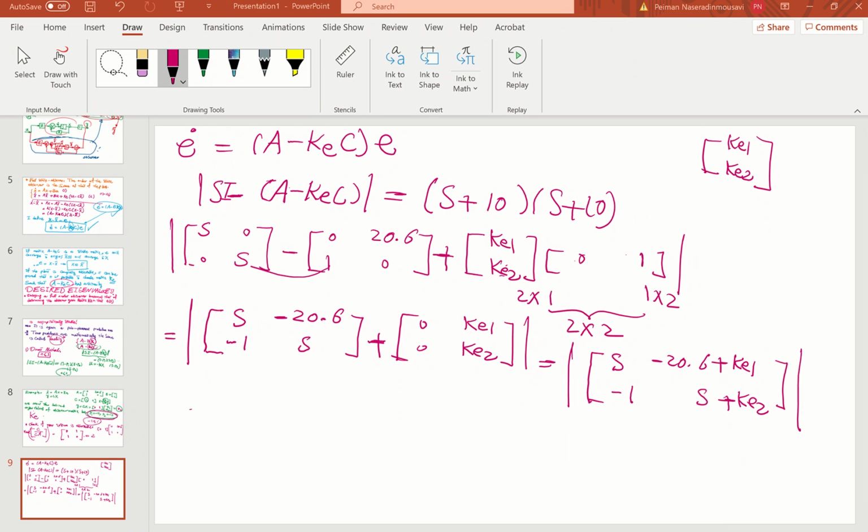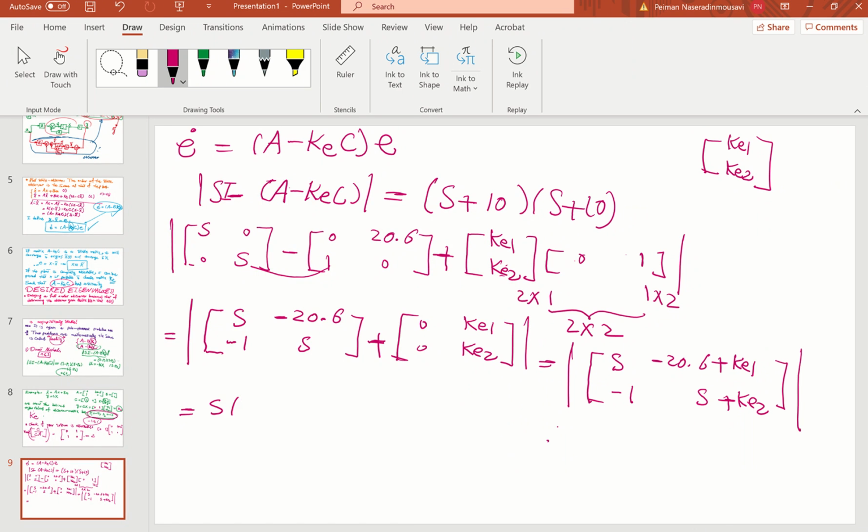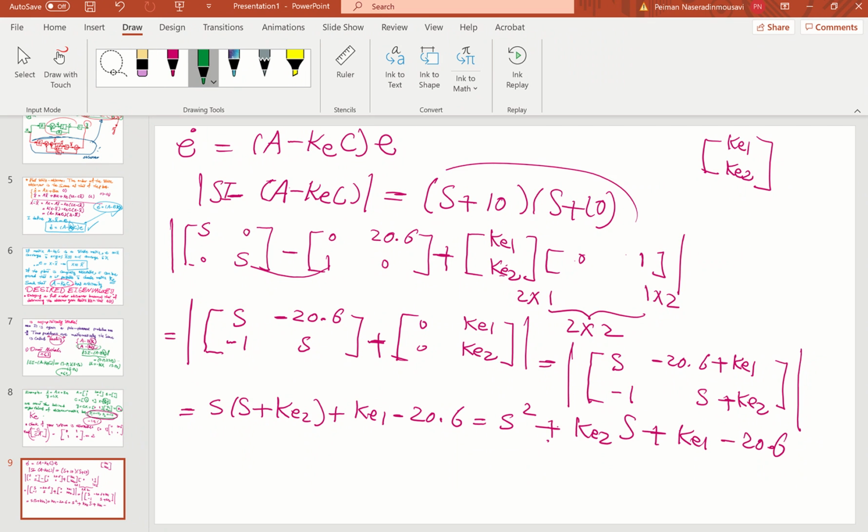The determinant of this is simply s times (s plus Ke2), and minus (Ke1 minus 20.6) with the signs adjusted, right? It's going to be s squared plus Ke2 s plus Ke1 minus 20.6.